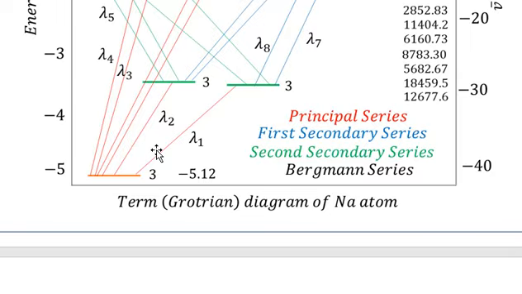But when the temperature is very high, for example in stellar space, the ground state, which in the present case is the 3s state, will be shifted to some higher state. Then the principal series would not be observable, because it is linked with the 3s ground state of the sodium atom. When the ground level is shifted because of the very high temperature, the principal series will not be observed, but other series can then be observed.